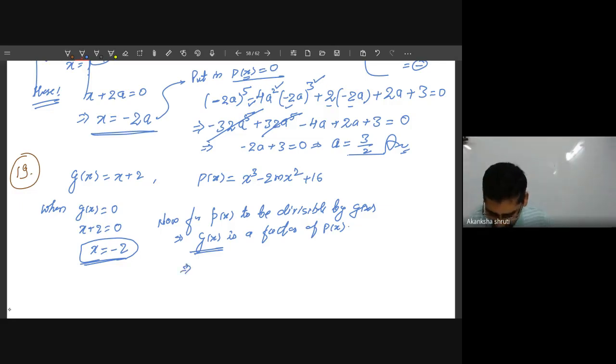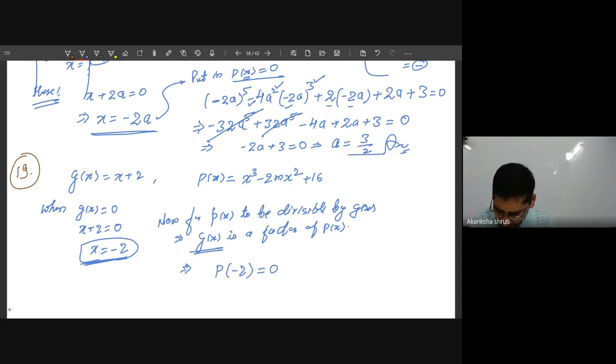So this implies p(-2) becomes 0, because by equating g(x) to 0 we have obtained the value of x. That value of x will make p(-2) equal to 0.